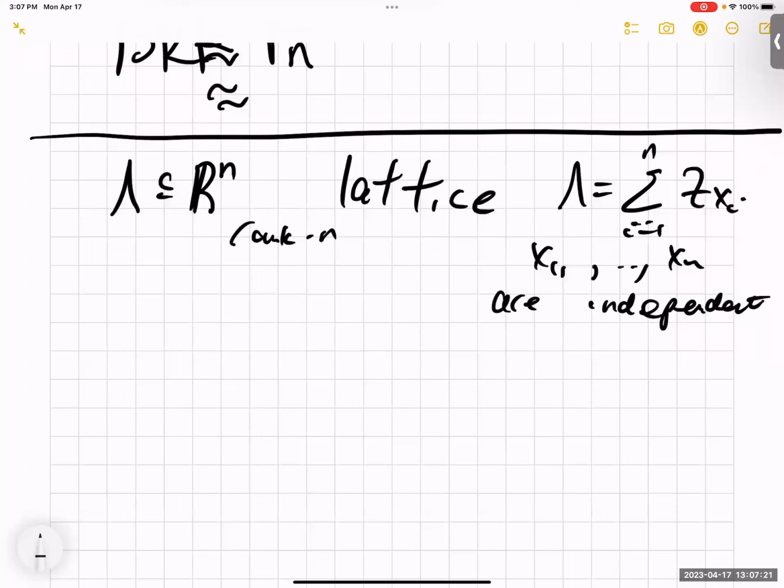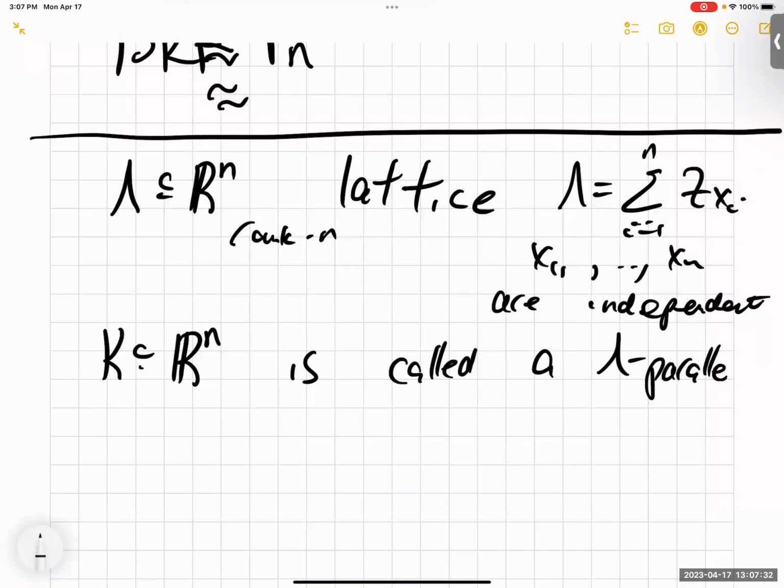Okay, so if you have a lattice, then a convex body K, this is standard terminology, is called a Lambda parallelotope if it tiles R^n by Lambda.